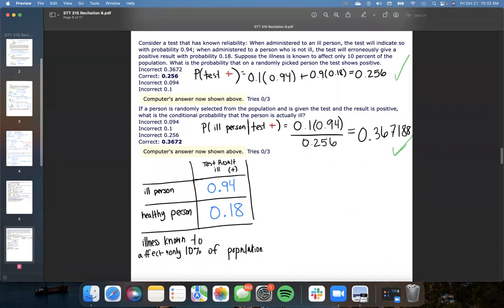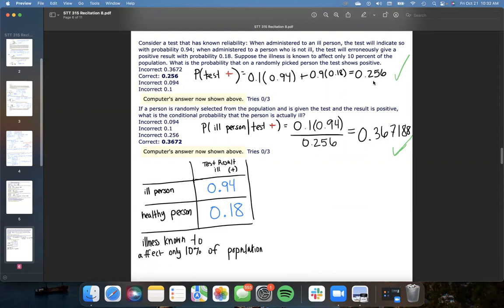And then we're also given that the illness is known to affect only 10% of the population. So here we would do 0.1, because that's 10% of the population, times 0.94, plus the probability of 0.9, which is 1 minus 0.1, times 0.18.